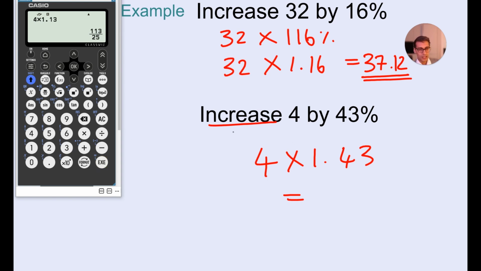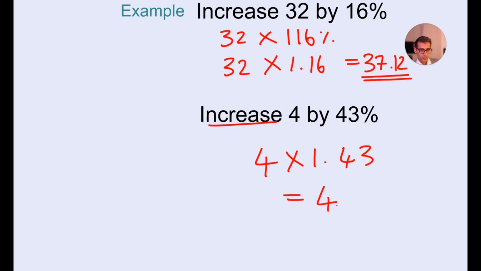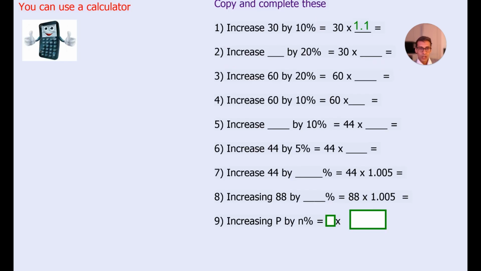Completely fine, because it doesn't tell us how to give our answer. That means that this is a valid answer, but in this case I'm going to change it to a decimal, and I'm going to get 4.52. That is our answer.